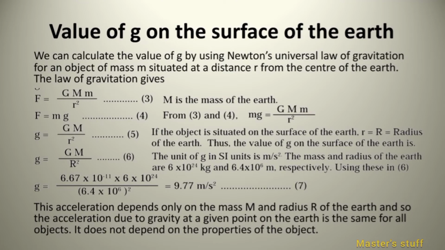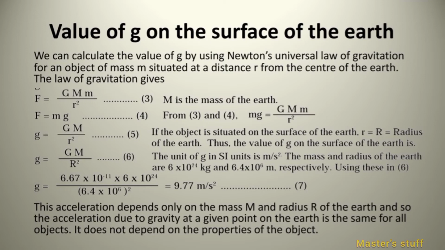Therefore, F is equal to small m into small g. From the two equations 3 and 4, we get mg is equal to G M m upon r square. Thus, small g is equal to capital G into capital M upon r square.